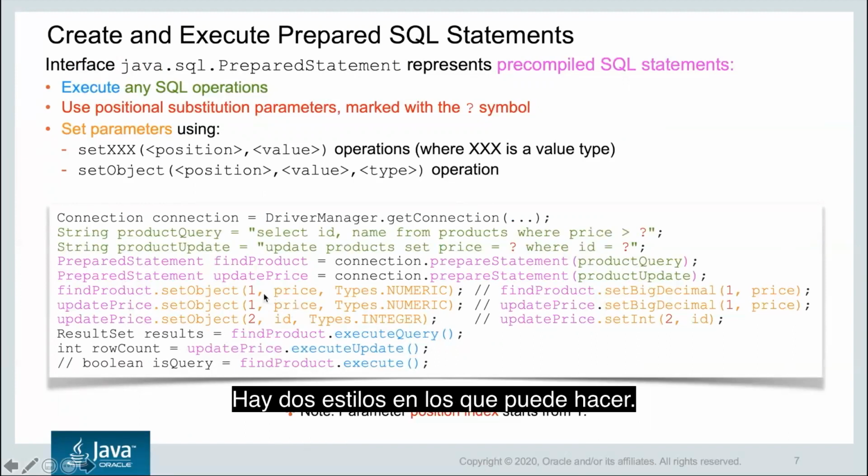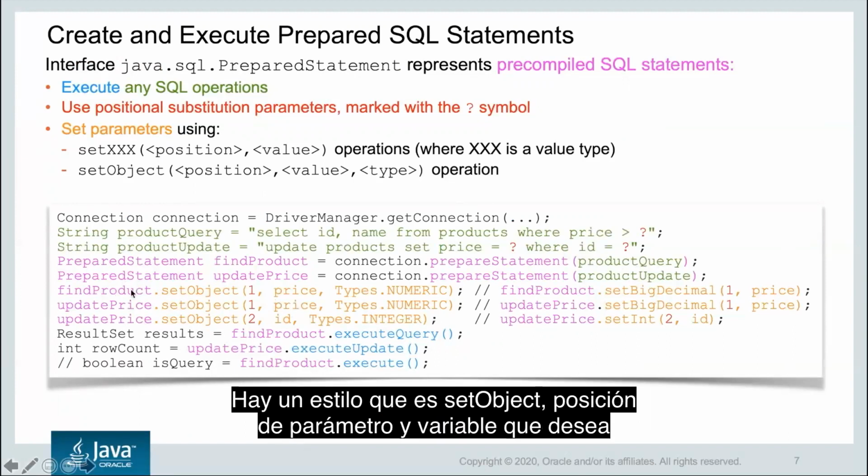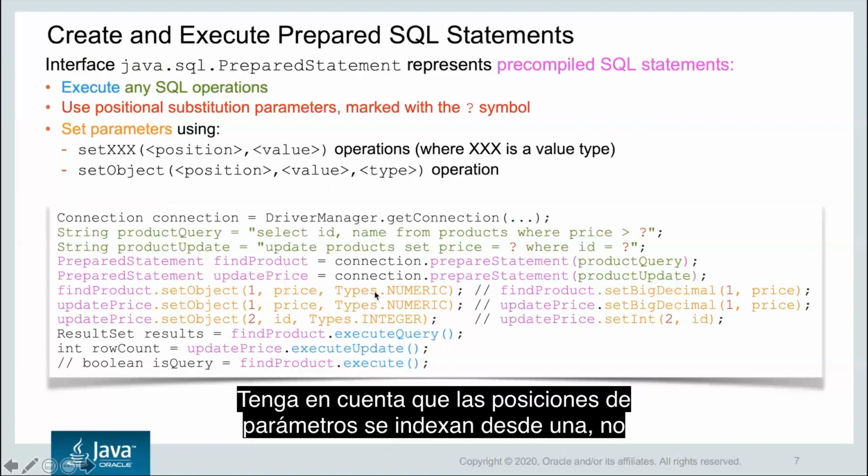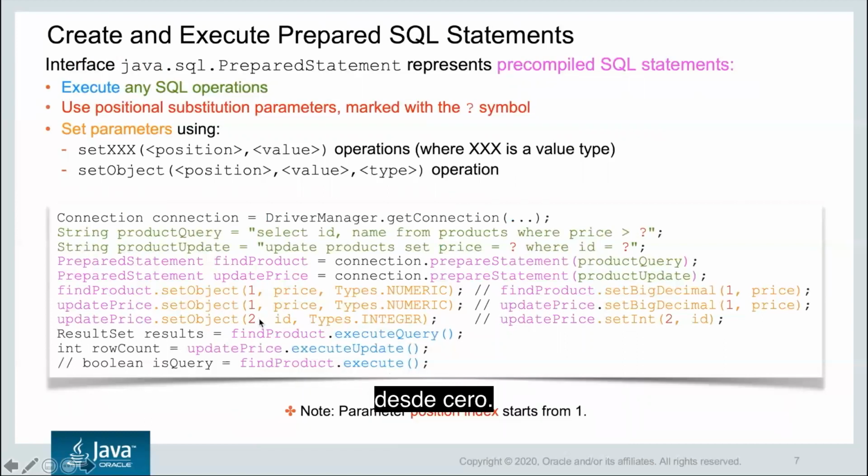There are two styles in which you can do it. There's one style which is set object, parameter position, variable you want to put into that parameter, what value do you want to put in, and the parameter type. Notice that parameter positions are indexed from 1, not from 0. I know.